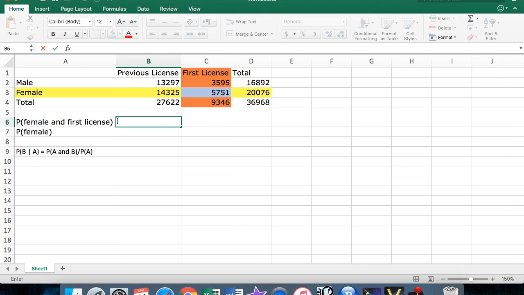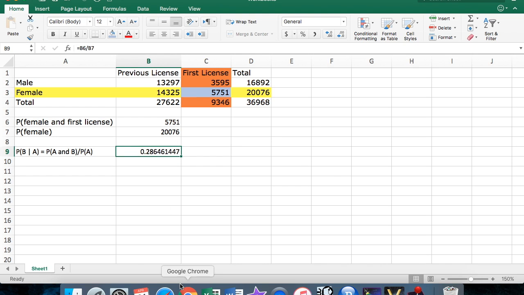Female and first license is the intersection, so it's just this guy. And then female is, well, how many females are there? 20,000 approximately. Alright, so then here we go. So probability of A and B is this divided by the probability of A, so female. And there we go, about 28.64%.